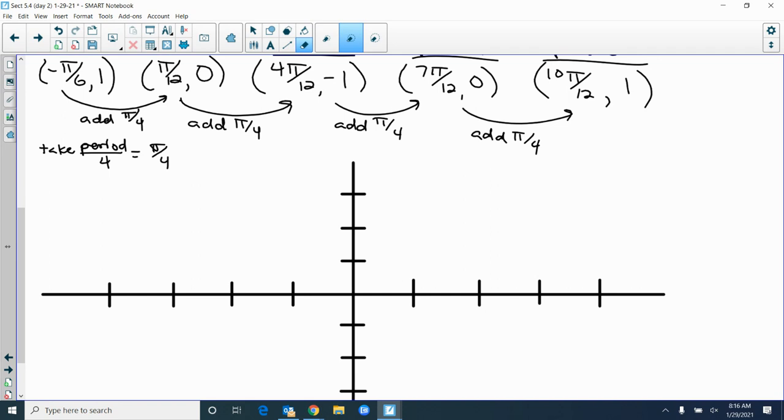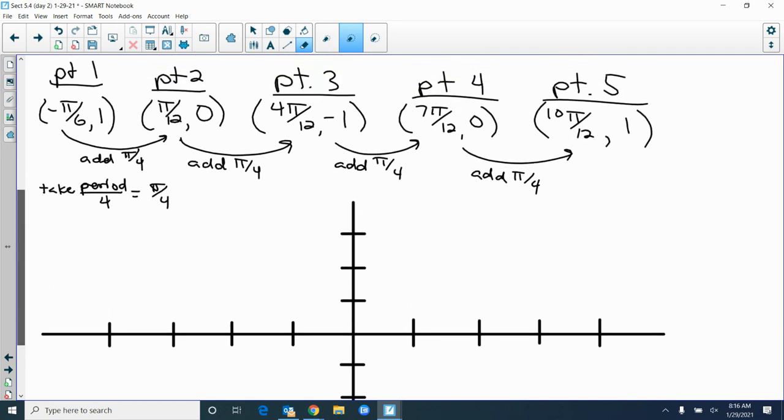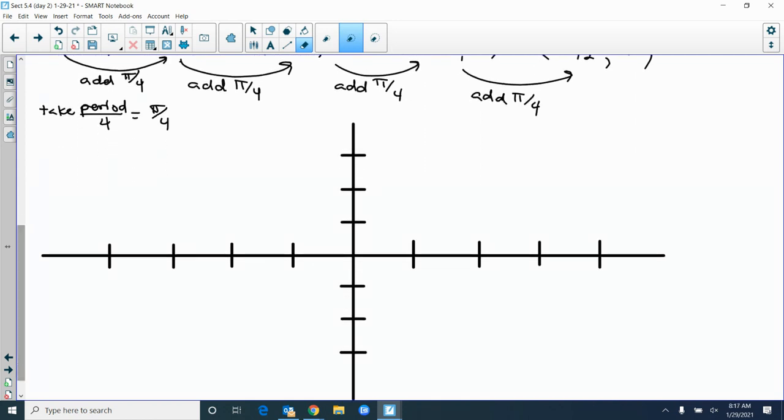Now, here's my recommendation, though it doesn't always work out: find your biggest denominator and see if that can work as a scale. So the biggest denominator is 12. Now, don't do anything yet. Can I go every 12? Here's the problem with going every 12.